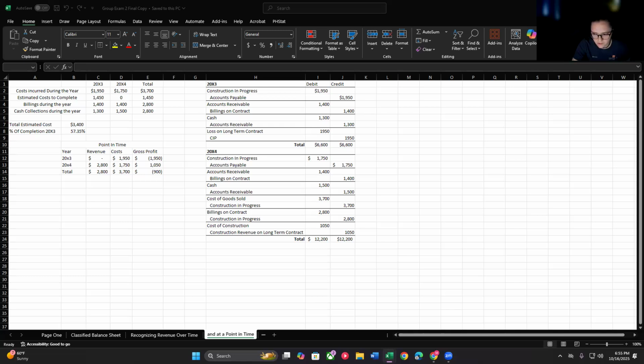Do you have a zero balance on your accounts receivable? Accounts receivable 1413. I don't know what I'm doing, because no matter how I put this construction in progress, I still have a positive balance on it. Billings on contract cancels out to zero.